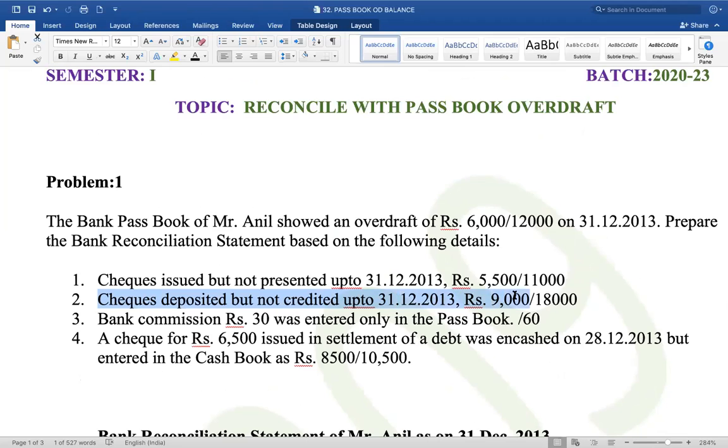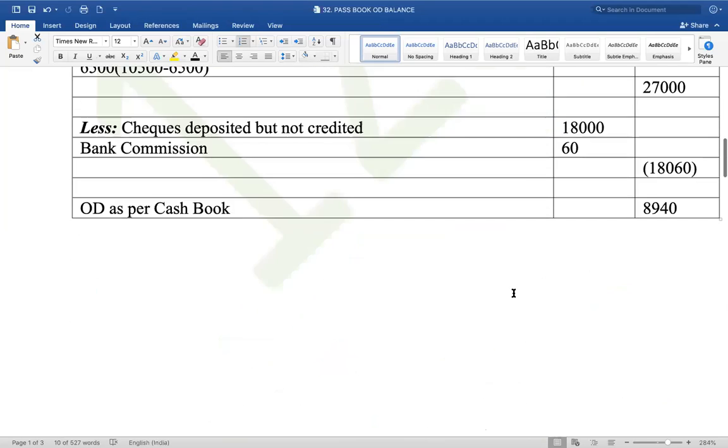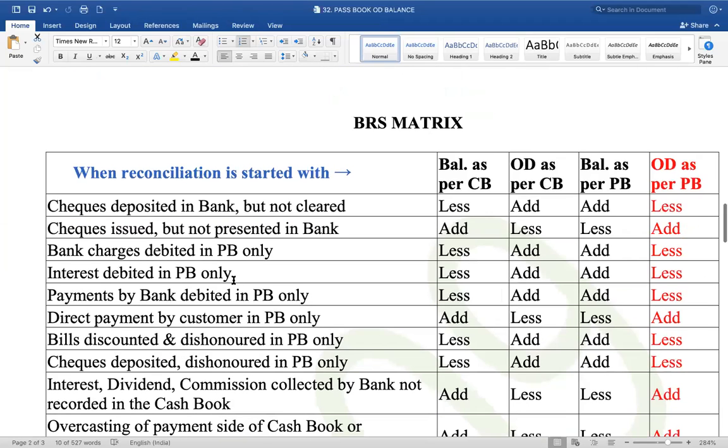Next is checks deposited but not credited by the date we are preparing BRS. How much? 9,000 rupees. See the matrix. Checks deposited but not credited in the bank. It is not credited or cleared in the bank.